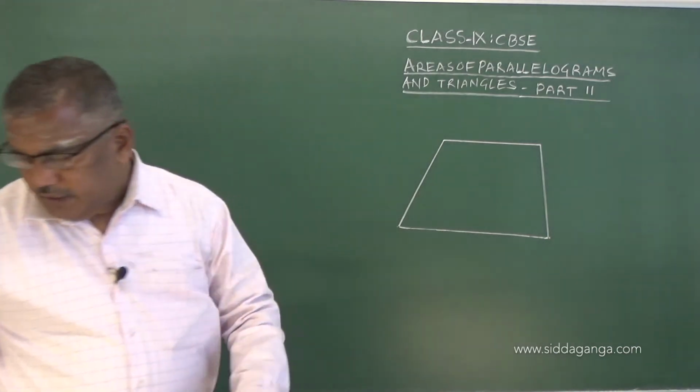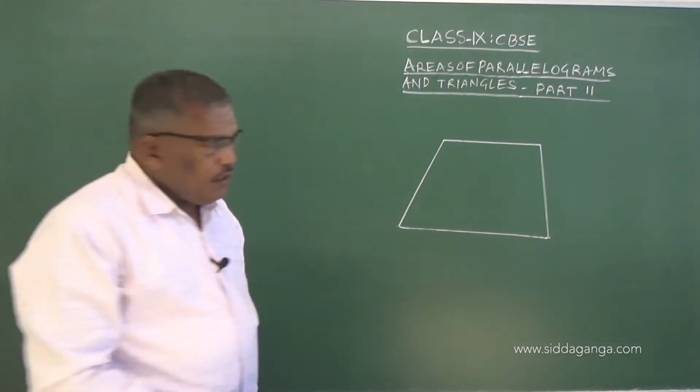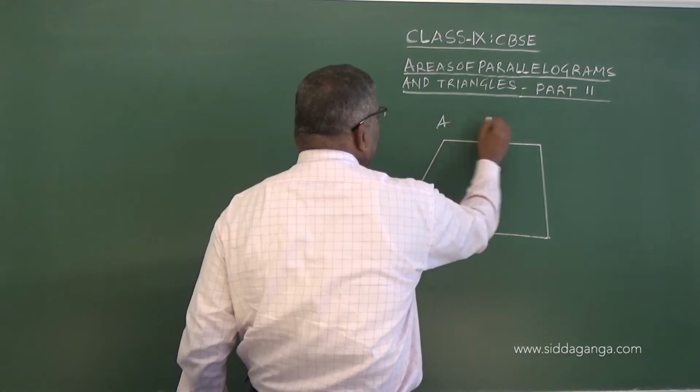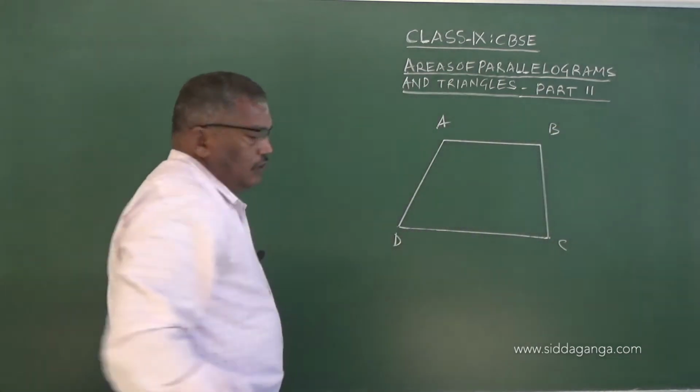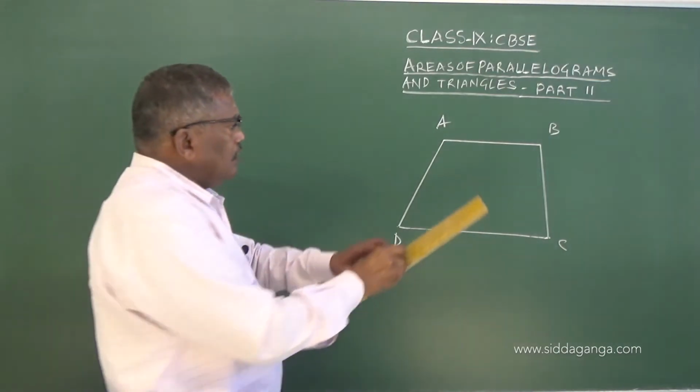Let this be a trapezium with A, B, C, D. So join the diagonals.